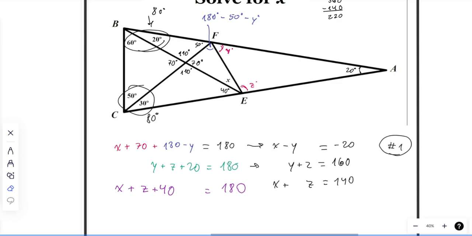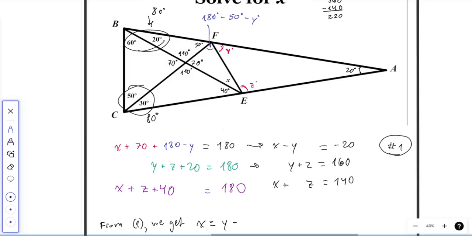Maybe if x is like, I mean, x to me looks kind of like 20 degrees. Whoops, erase that.